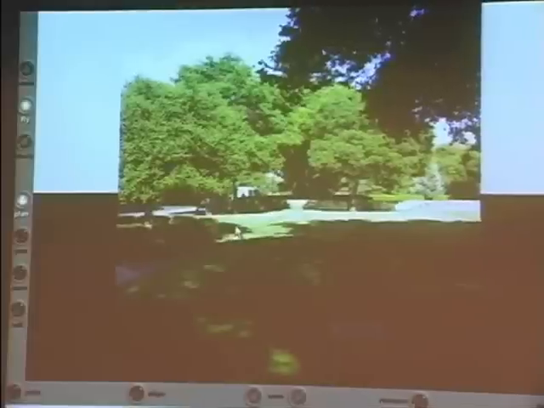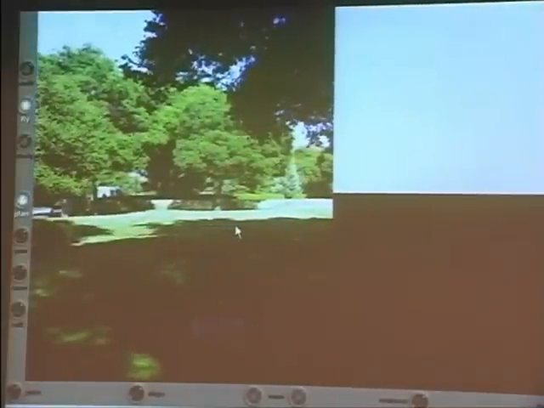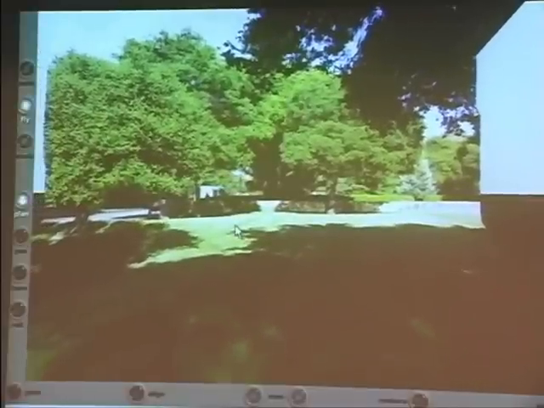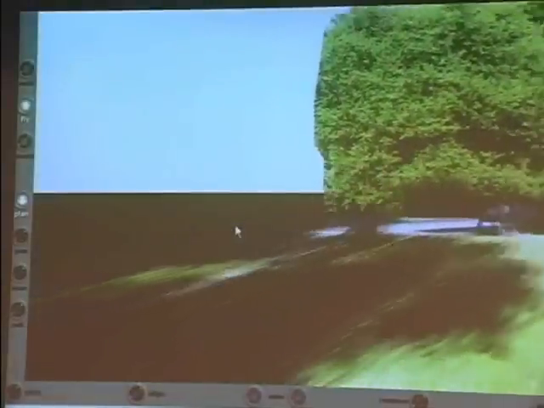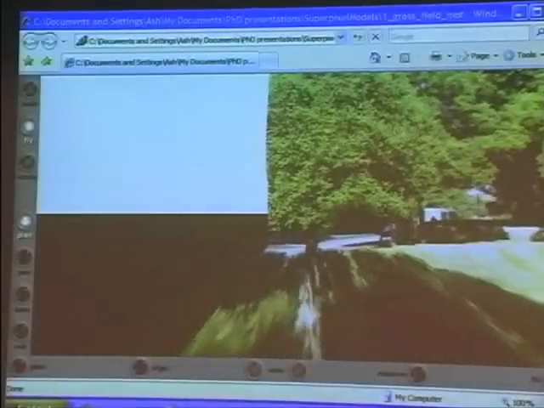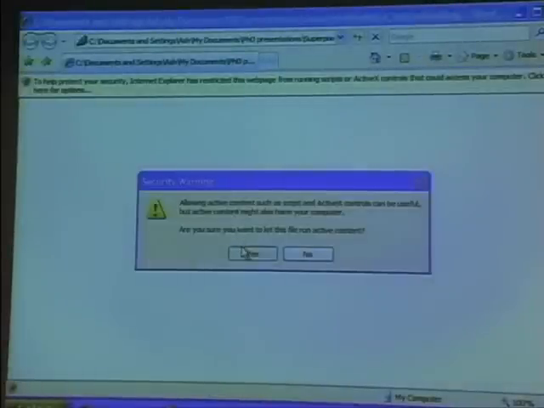But you can see the trees on the right top, and the curvature of the trees on this side. Let's look at this image, which we last saw.